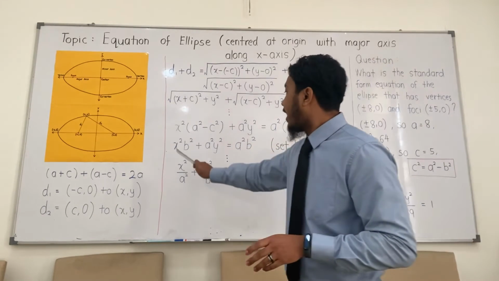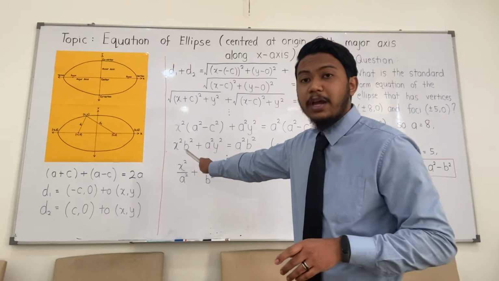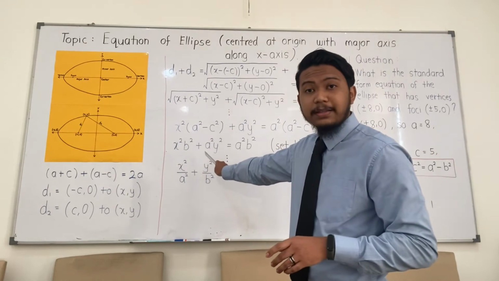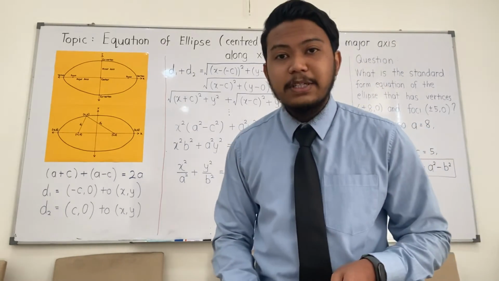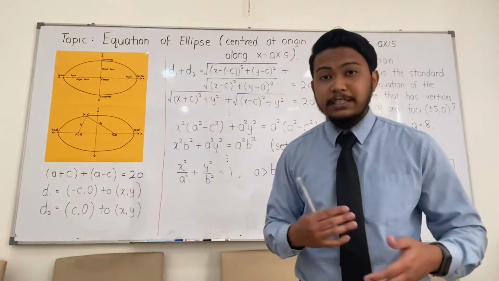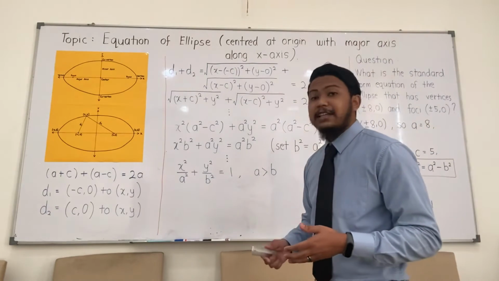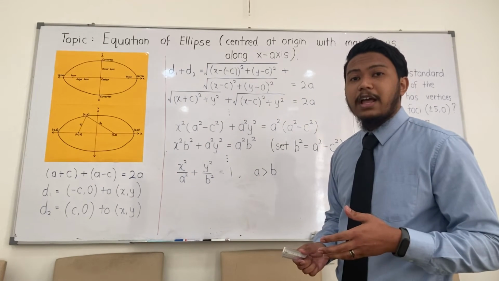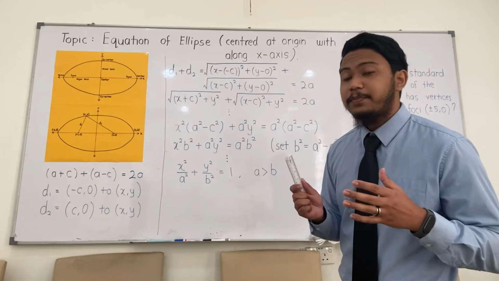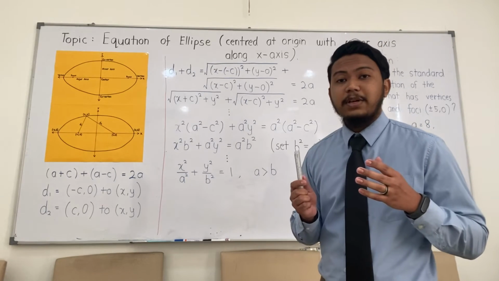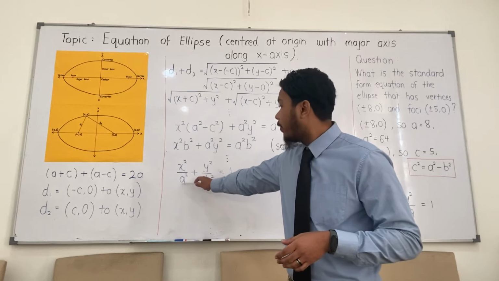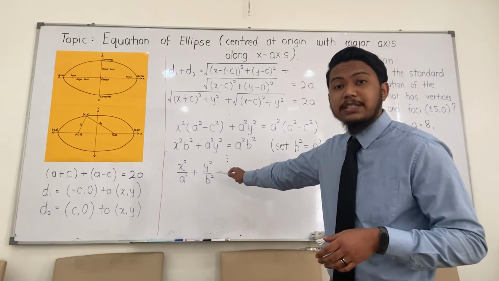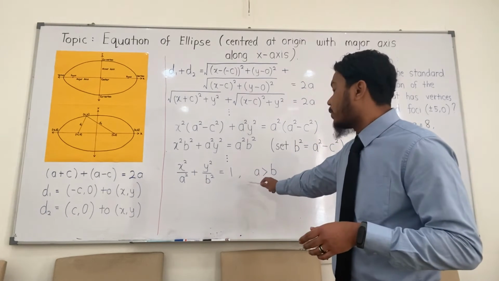So we get x squared times b squared plus a squared times y squared equal to a squared times b squared. Then after some calculations, we get the standard form of equation of ellipse, which is x squared over a squared plus y squared over b squared equal to 1.